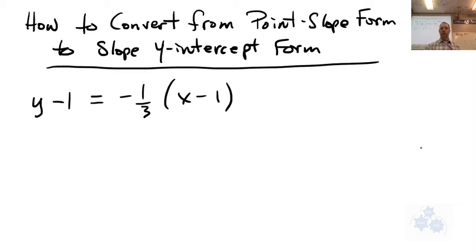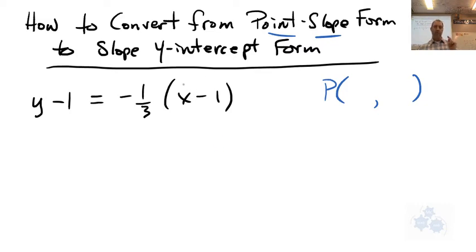Okay? So just out of curiosity here, tell me if you know this, in point slope form, what is the point that is given here in this equation? What's one point that you know is on this line? I heard a negative 1? Positive 1.